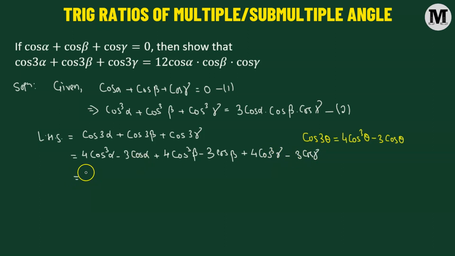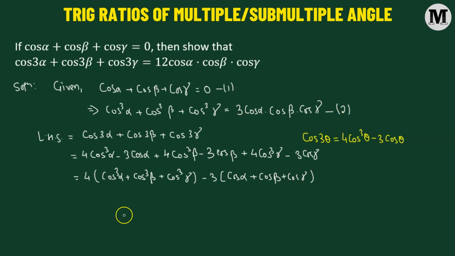Fine. So we'll combine all the terms whose factors are 4. So we have 4 times cosine cubed alpha plus cosine cubed beta plus cosine cubed gamma. And then we'll combine the terms containing 3 as the common factor. So we'll take negative 3 as the common factor, which gets multiplied to cosine of alpha plus cosine of beta plus cosine of gamma.